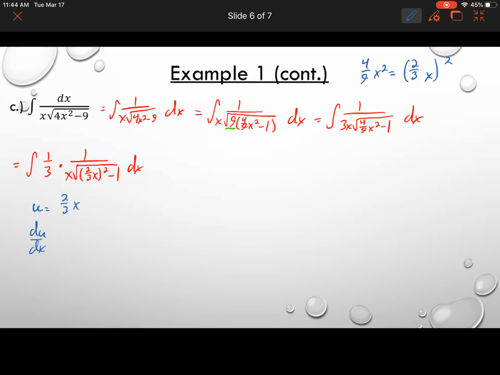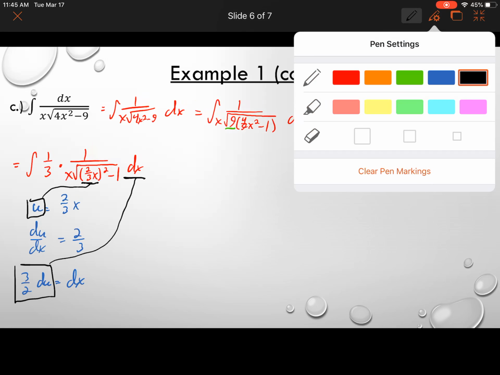So du over dx gives us that constant, 2/3. Solving for dx, we have 3/2 du is equal to dx. Now we make the relevant substitution: u becomes 2/3 x, and 3/2 du becomes dx.